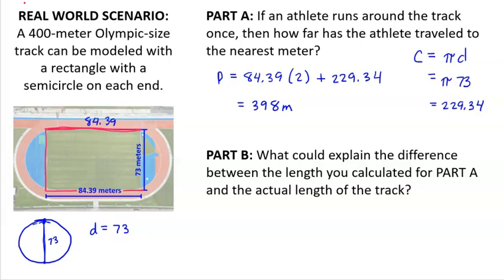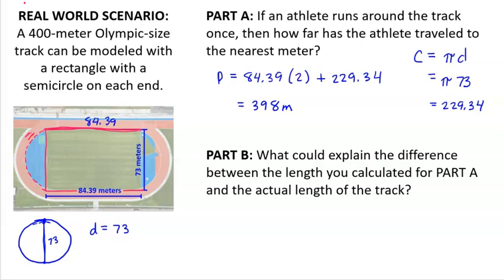If they were on the very edge of that grass, if they were on the very edges of these semicircles, then it would be 398 meters. However, we know that people are running here, and so that's where we're going to have a little bit of a difference.